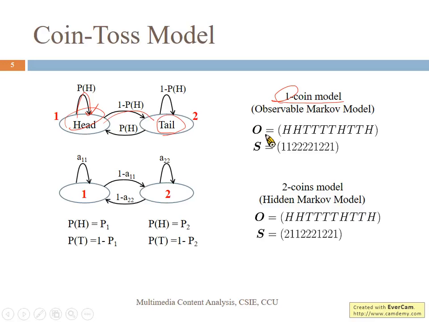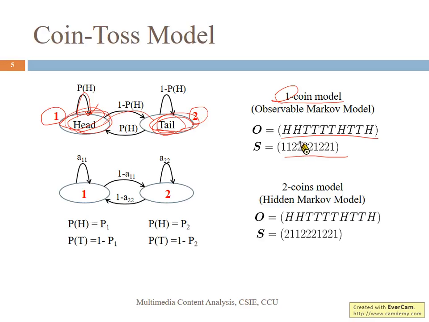So if the observation is head, head, tail, tail, tail, tail, head, tail, tail, head, then we know that the corresponding state sequence is 1, 1, 2, 2, 2, 2, 1, 2, 2, 1. That is because the meaning of each state is explicit. Okay, if the result is head, then it must be state 1. If the result is tail, then the state must be 2. And this is called a one coin model.